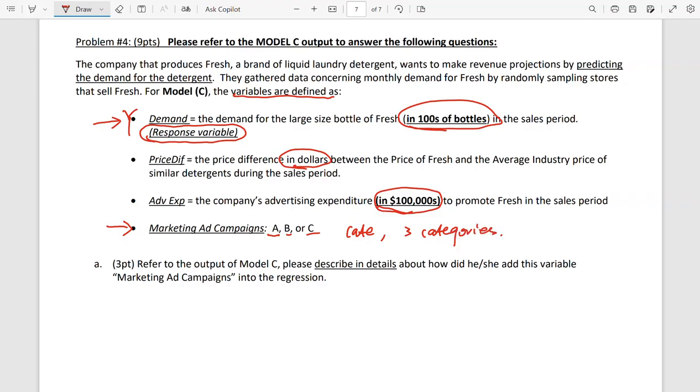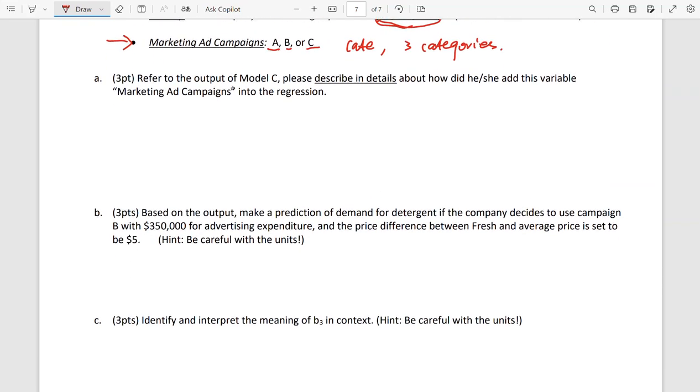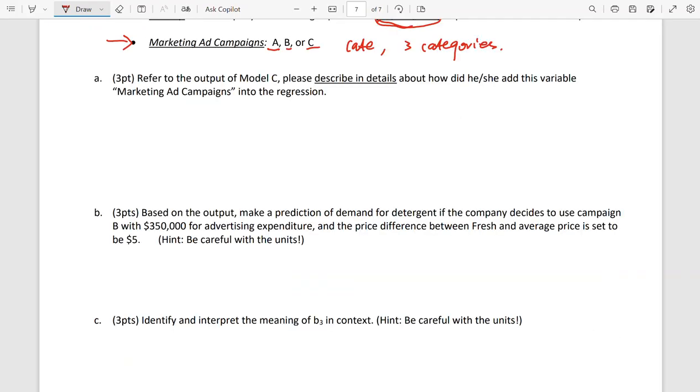Okay, so now let's look at the question. It says refer to the output of model C. So in this case, we have the intercept, the price difference, the advertisement expenditure, and then we have A and B. All right, so now let's come back to the question.